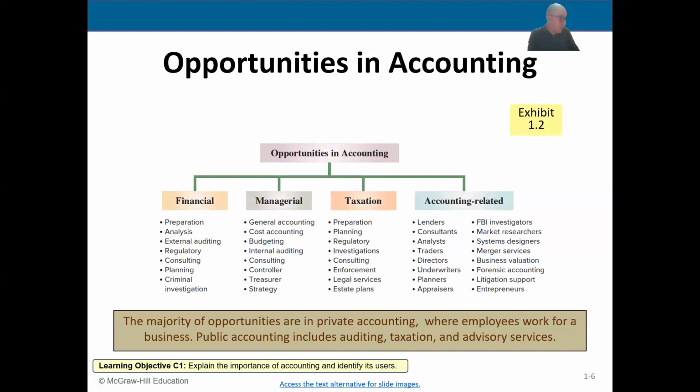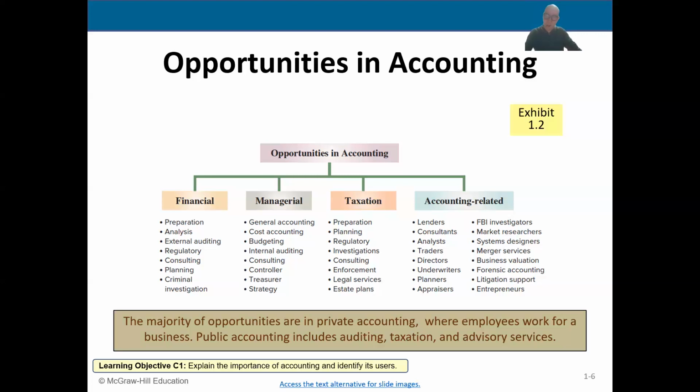As you are probably aware, there's a lot of different types of accountants out there. During the introductions, we found out about a couple of different positions, right? So these are just some listings of opportunities within accounting, and it goes beyond all of this. You can see financial accounting, managerial accounting, taxation, and then accounting related.